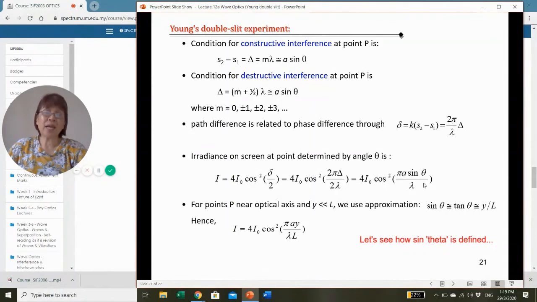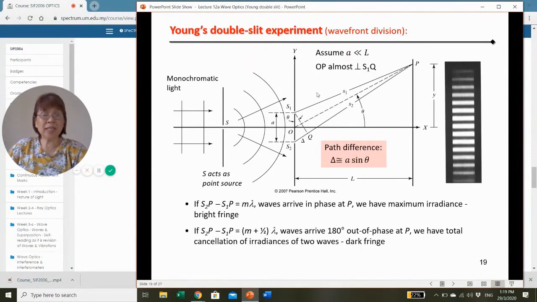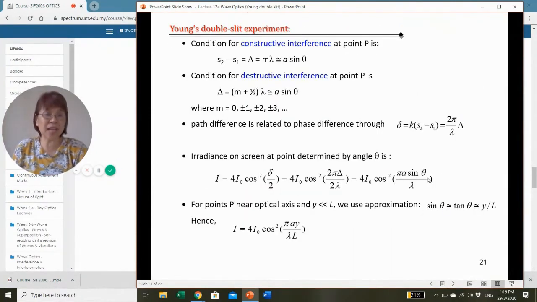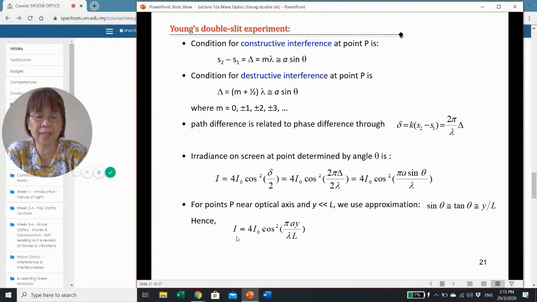We assume theta is very small and L is very large, so with the small angle approximation sine theta is approximately tangent theta, which equals y divided by L. So we substitute sine theta with y over L, and we have the intensity equals 4I0 cosine squared pi a y over lambda L.